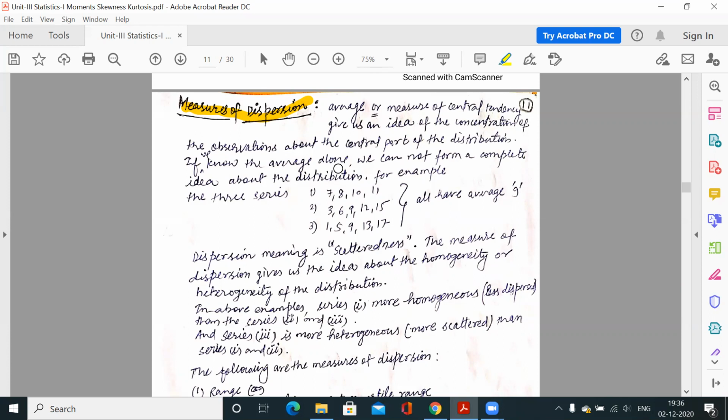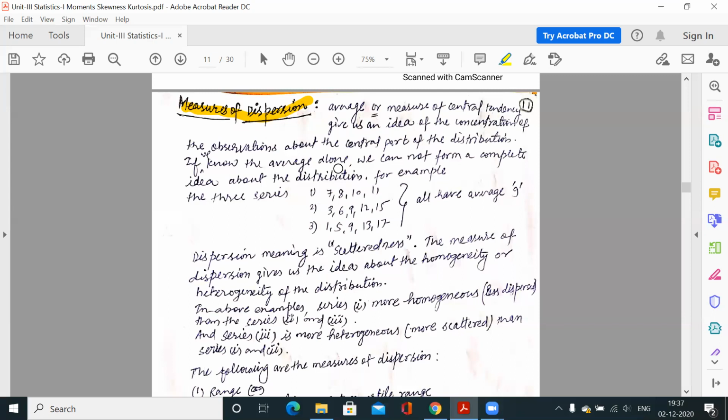The first student's average is 75, the second student's average is also 75. So based on the measure of central tendency, the arithmetic mean or average, I cannot differentiate my students. If I know the measure of central tendency only, I cannot compare my students.